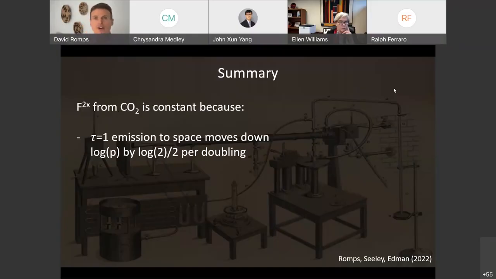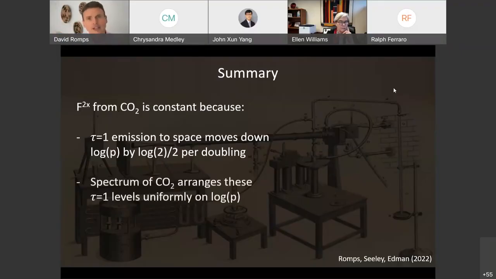So that tells us that all the train cars move at the same speed. And then we learned that the spectrum of CO2 is such that the wave numbers are distributed uniformly on an interval of log kappa, and therefore are distributed uniformly on an interval of log emission pressure. And this tells us that the train cars are hooked up to each other the way you'd expect, one after another, like in an actual train.